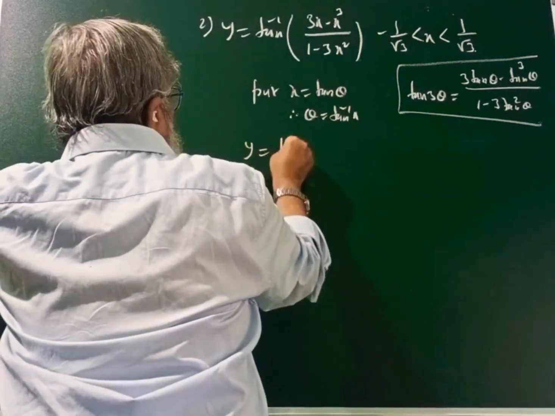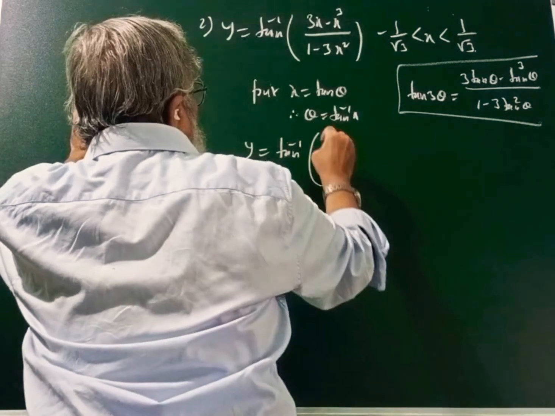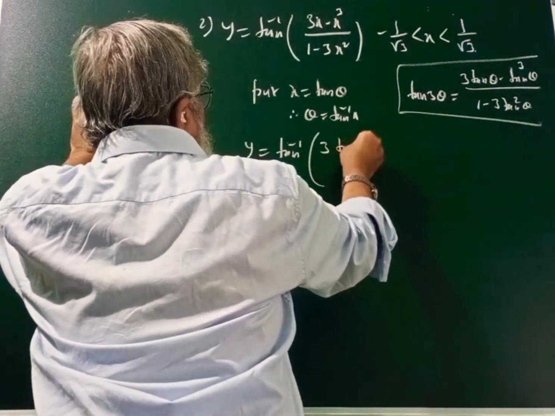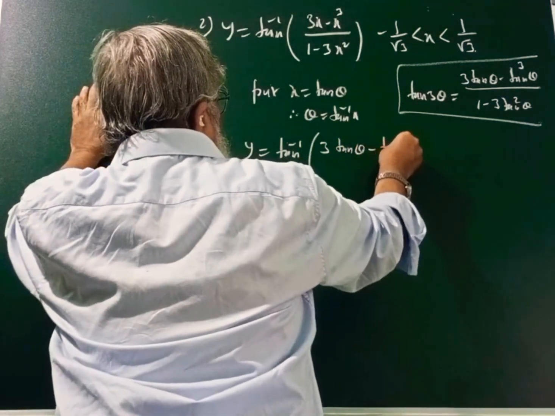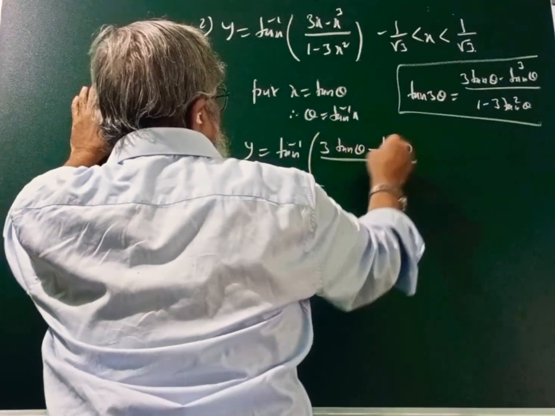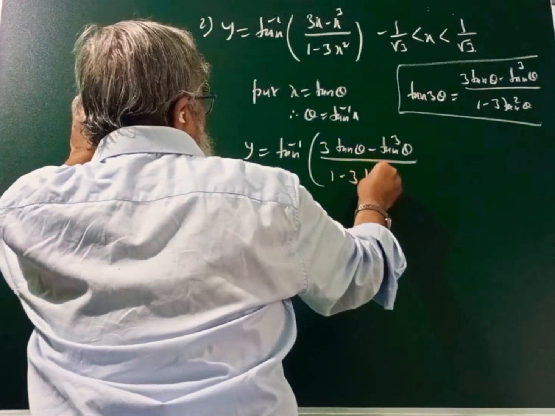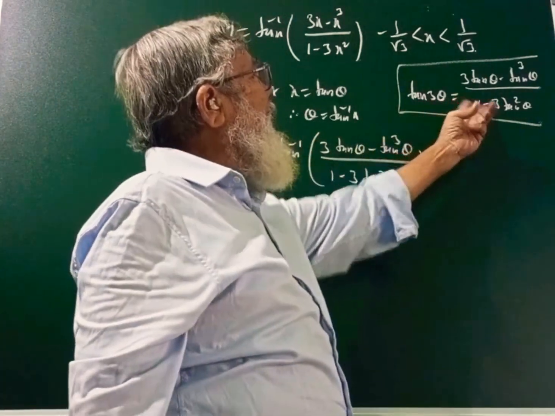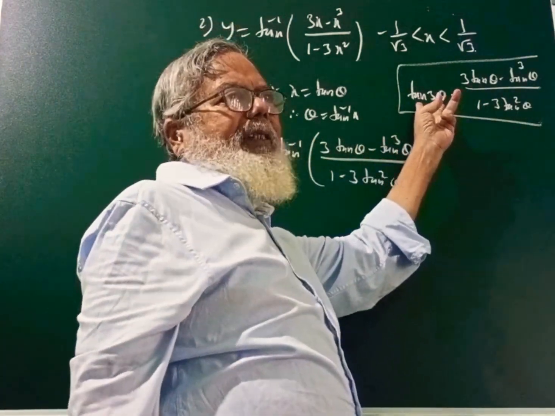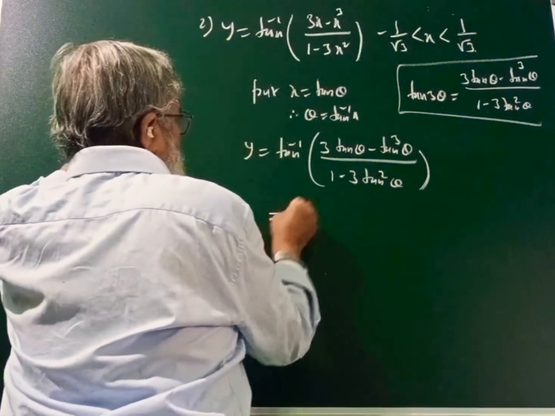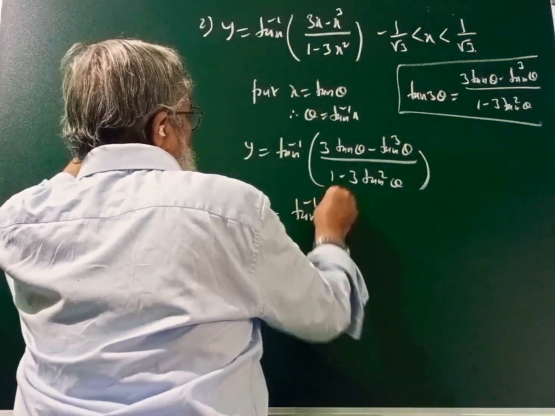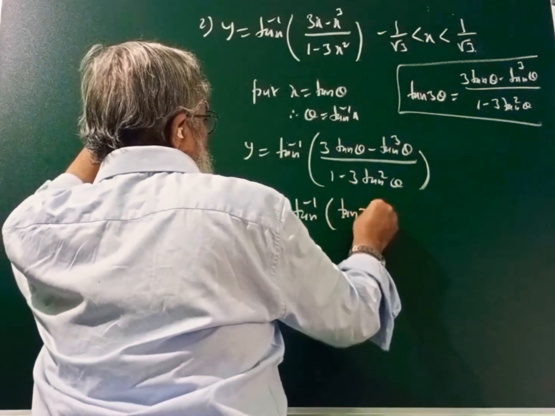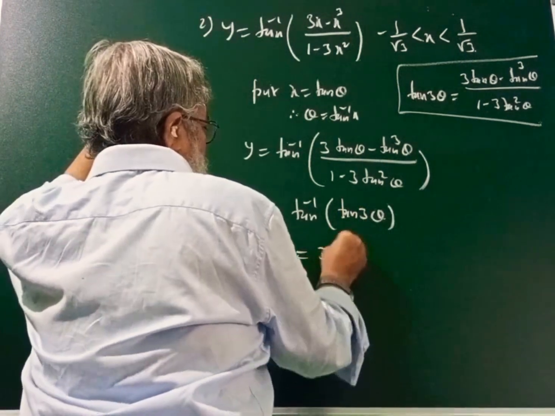y is equal to tan inverse of 3 tan theta minus tan cube theta divided by 1 minus 3 tan square theta. By application of this formula, its value is tan 3 theta. Let us substitute that: tan inverse of tan 3 theta. They cancel each other, giving 3 theta.